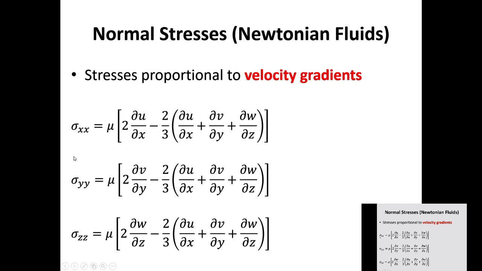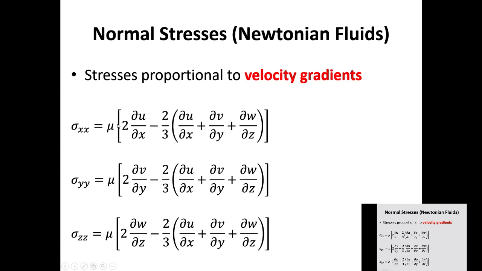Now these are normal stresses. Normal stresses can be written in terms of velocity gradients for Newtonian fluids. Newtonian fluids are fluids that obey Newton's laws. For non-Newtonian fluids, we can't write the same thing.